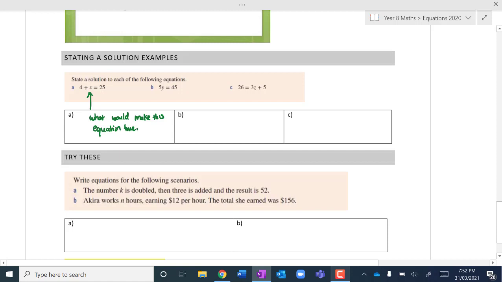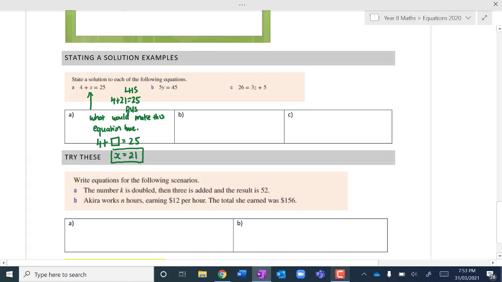What could x be to make the left-hand side 25? So I've got 4 plus something is 25. Well, clearly x would have to be equal to 21, wouldn't it? Because if I have 4 plus 21, that is equal to 25. That's the left-hand side. Does that equal the right-hand side? Yes, it does. We've got a match. So my solution, just by guessing and checking, is x equals 21.